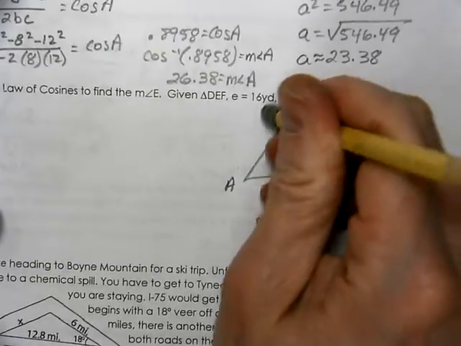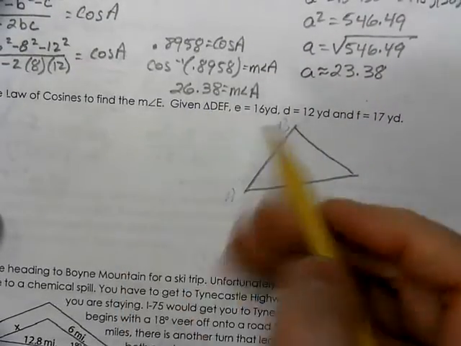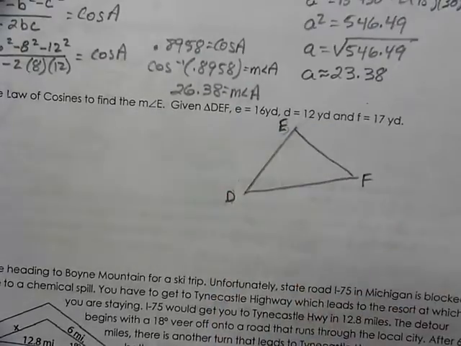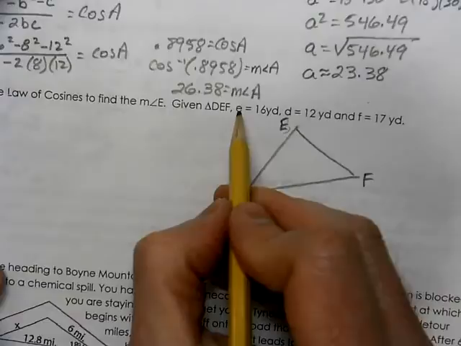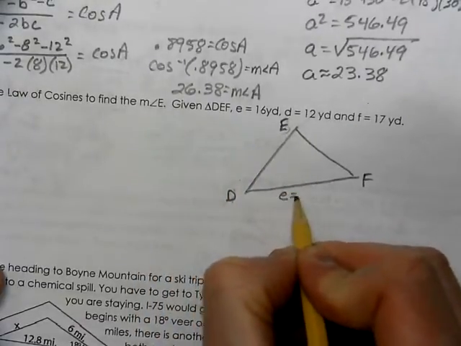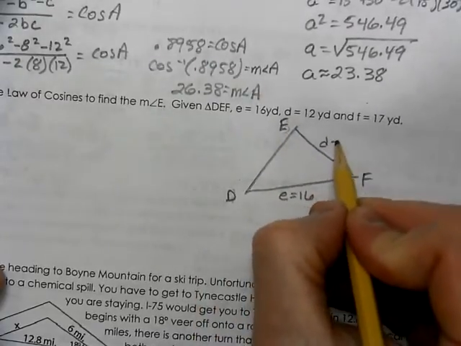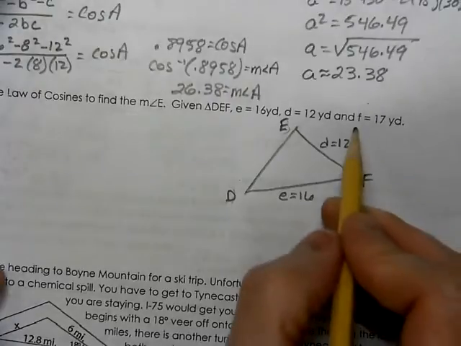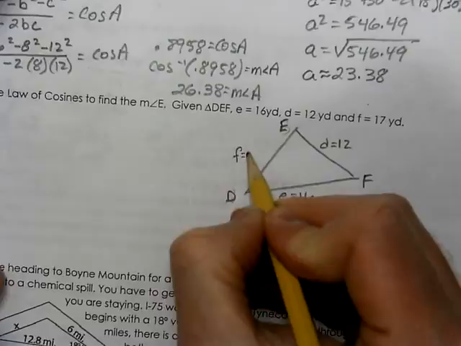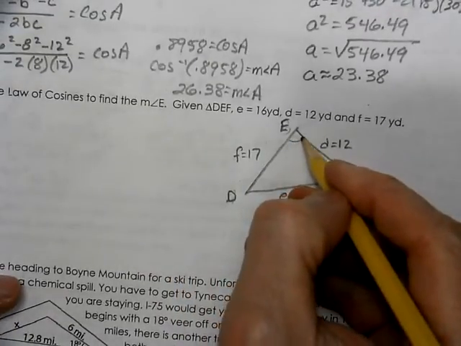Actually, I'm not going to use A, B, C. I'm going to use the letters that they have, D, E, and F. E is going to be across from angle E. D, side D, is going to be across from angle D. And side F is across from angle F. In this case, we're supposed to find the angle of E.